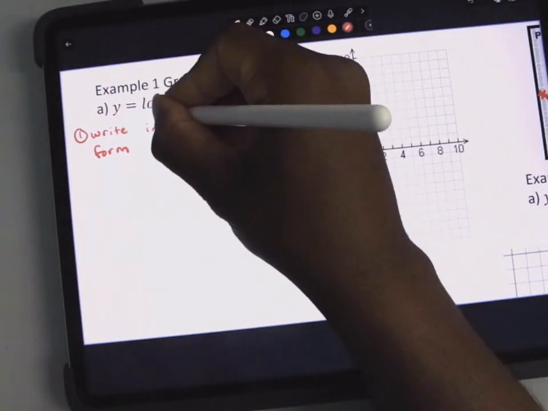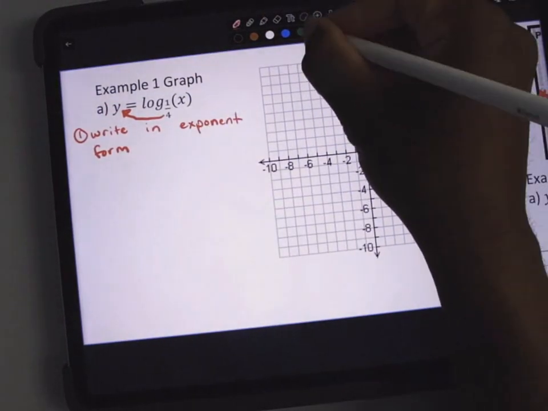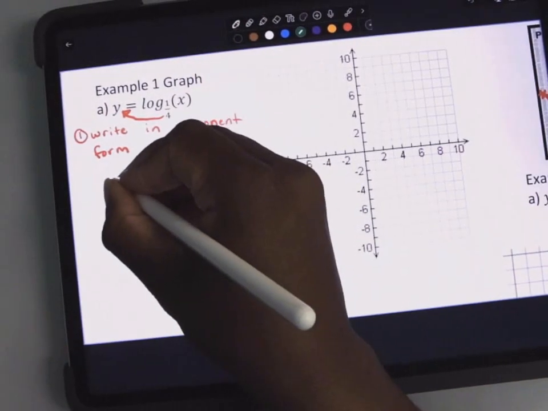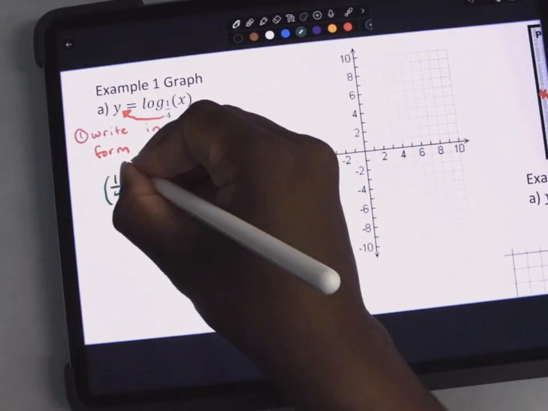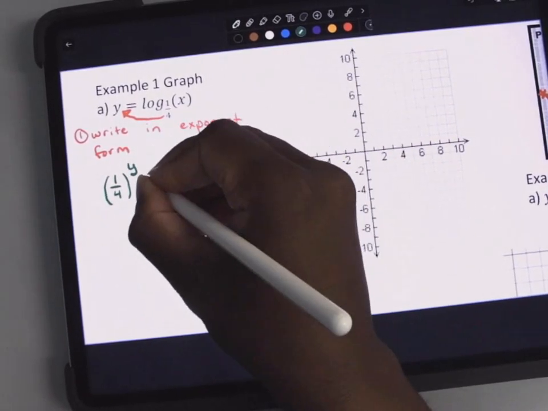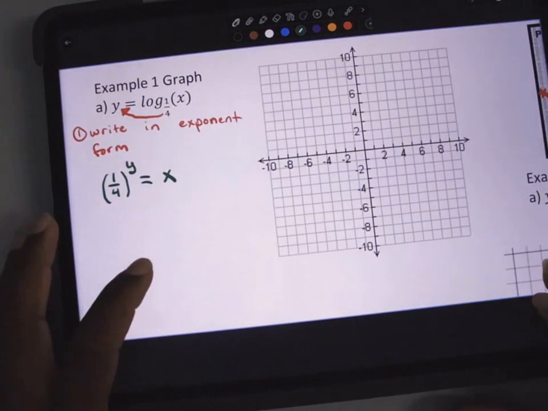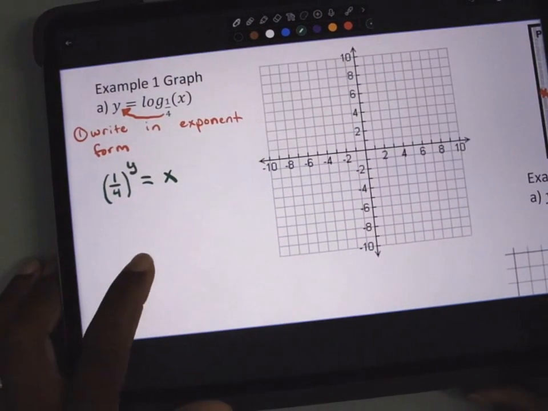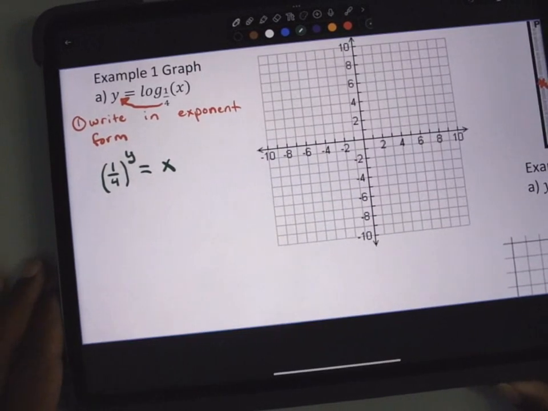So our base is 1 over 4. We're going to make that the base of y. And we end up with 1 over 4 to the y power equals x. My base was 1 over 4, so I made it the base of y.